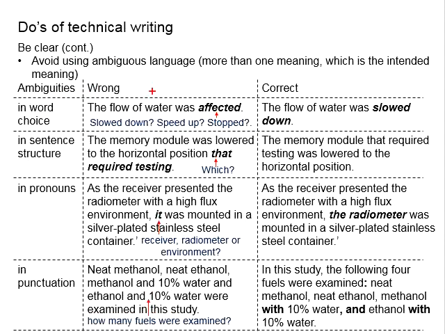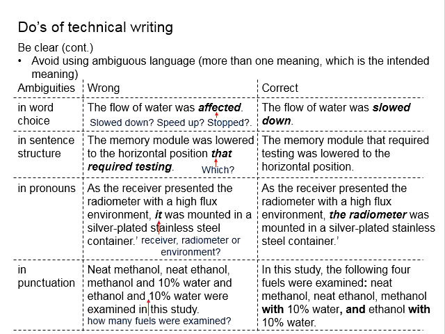For example, the flow of water was affected. The sentence here is okay, but the term "affected" is a bit ambiguous, as it doesn't give you information on how it is affected. Is it being slowed down, or sped up, or stopped?